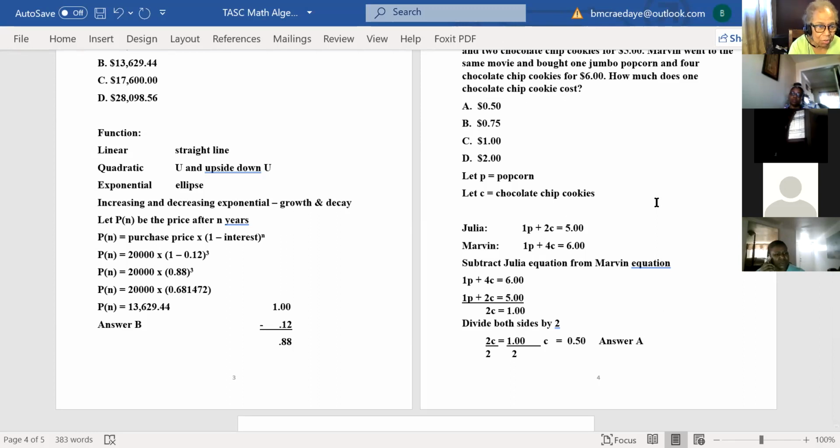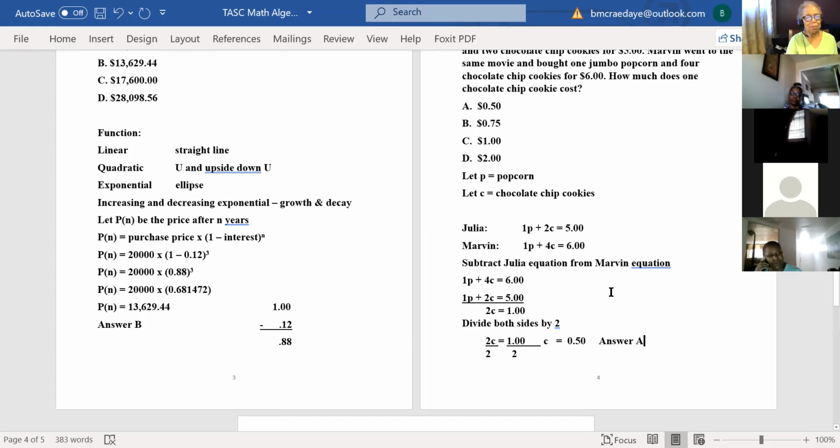You can particularly do that when the terms are the same in both equations. So you see the 1p here and the 1p here. If I do a subtraction, I can eliminate my p's and just be left with my c's. That's one unknown, one equation, and then you can solve it.